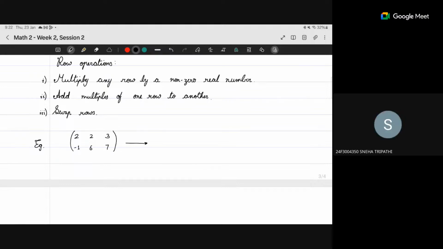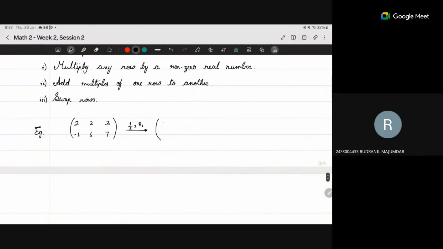Yes, 1 by 2 R1. Let's write it as half into R1. What will I get? 1, 3 by 2, and this is unchanged. So our first obstruction is removed: the first row now has 1 as its leading entry.